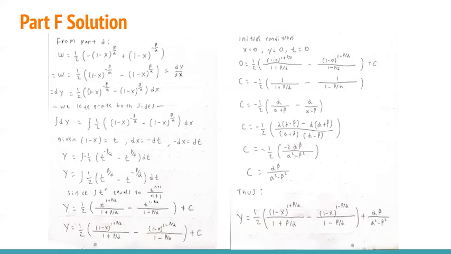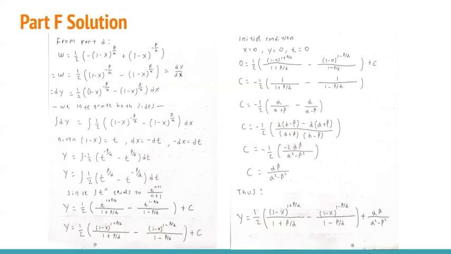And now from this equation, we know that the result of c is equal to negative 1 over 2 times 1 over 1 plus beta over alpha minus 1 over 1 minus beta over alpha. And now we can simplify or rewrite this equation as c equals negative 1 over 2 times alpha over alpha plus beta minus alpha over alpha minus beta.